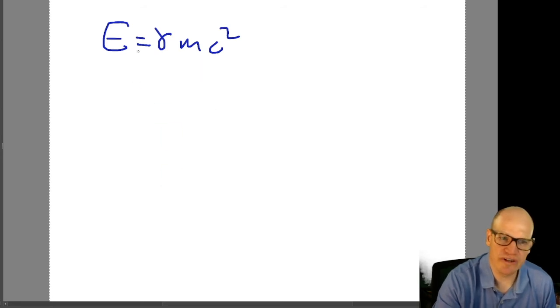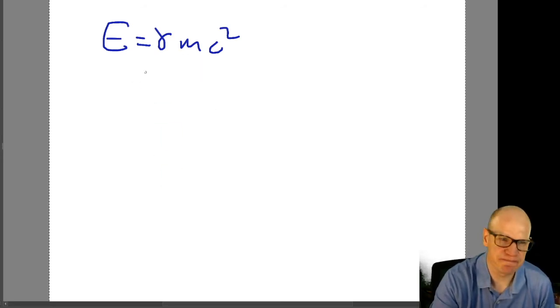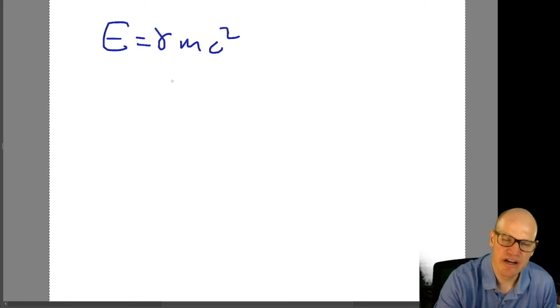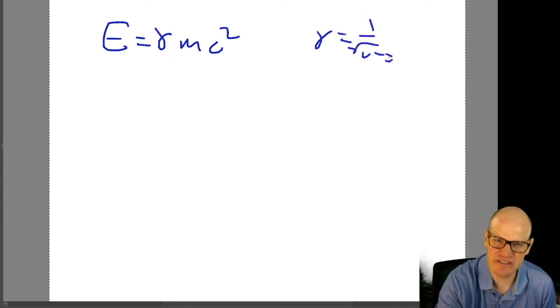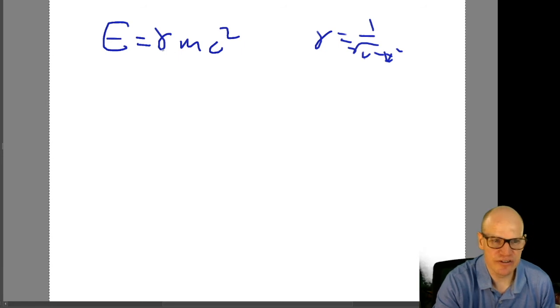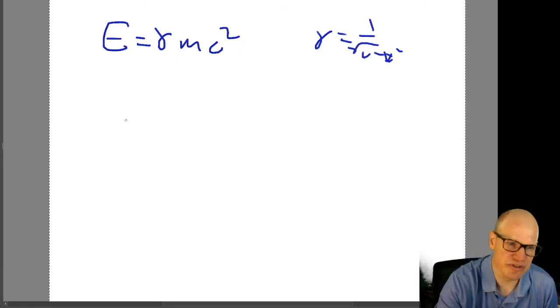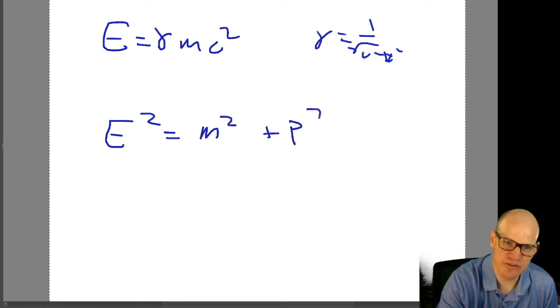So this is one way of formulating the total energy of a system, this gamma mc squared. Another way of formulating the total energy of the system has to do with, you expand gamma as the square root of 1 minus v squared over c squared. You square both sides, you get a 1 minus v squared over c squared here. You multiply a bunch of things around, and you end up with the following relationship. E squared equals basically m squared plus p squared.